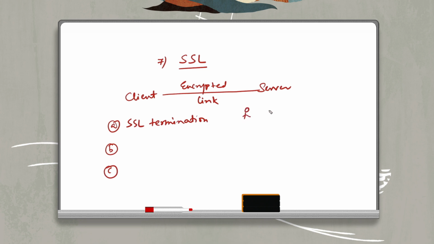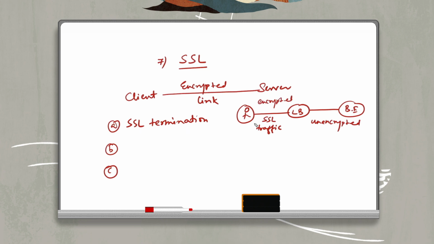This is the client, this is the load balancer, and this is the backend. Now this traffic is going to be SSL traffic, but this traffic is going to be unencrypted. Therefore, the name says SSL termination. The communication between client and load balancer is encrypted, and then the load balancer is going to decrypt it and send it to the backend instances. So this is what is your SSL termination.